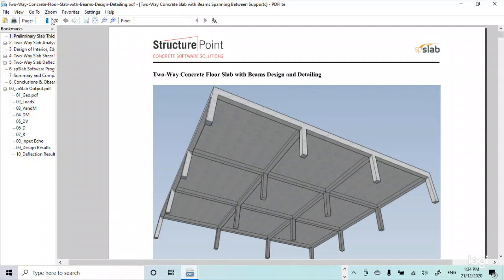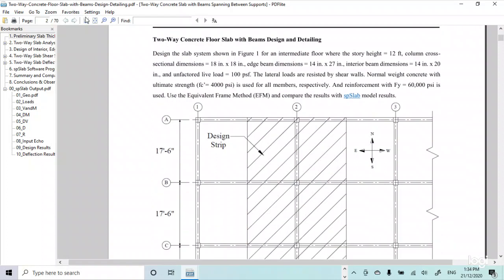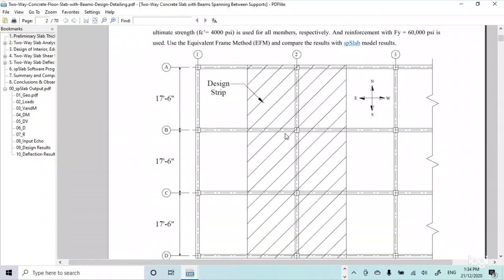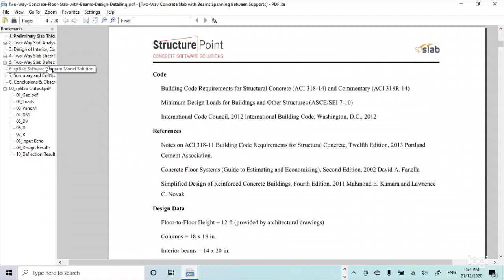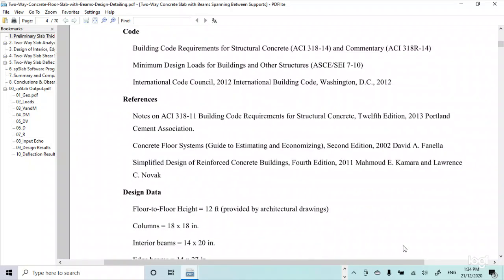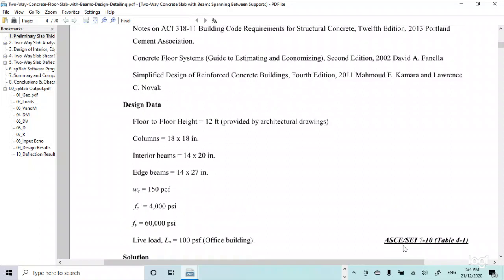On page 2, the two-way slab detailing design starts. On page 4, you can see the design data, with the respective codes and reference codes below.